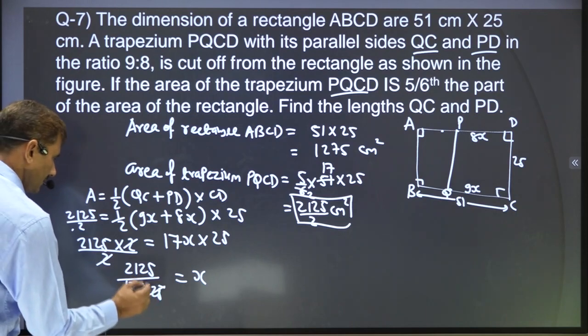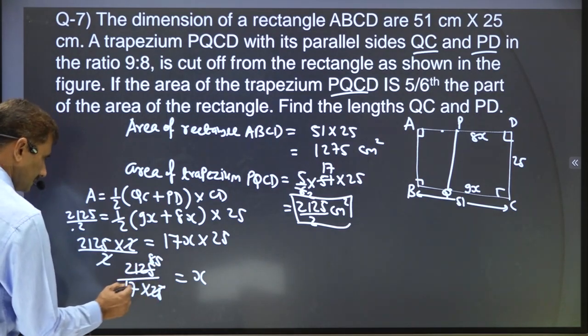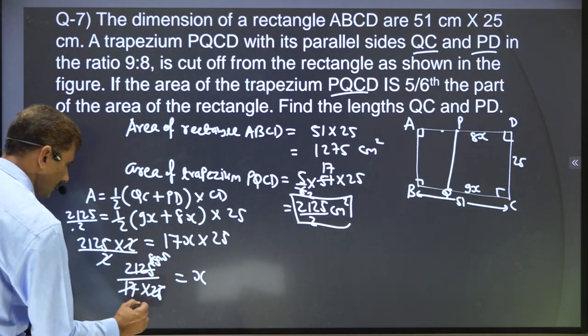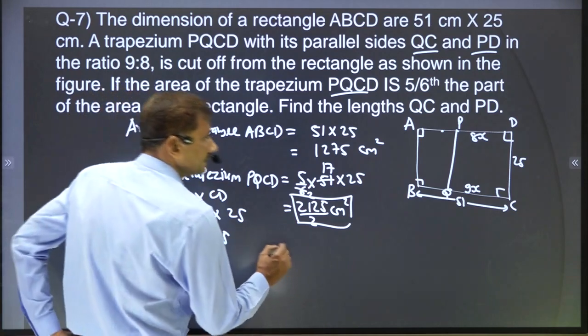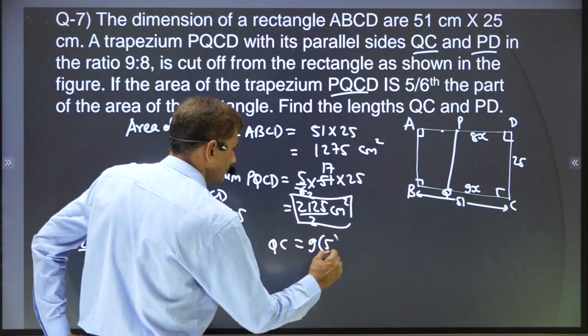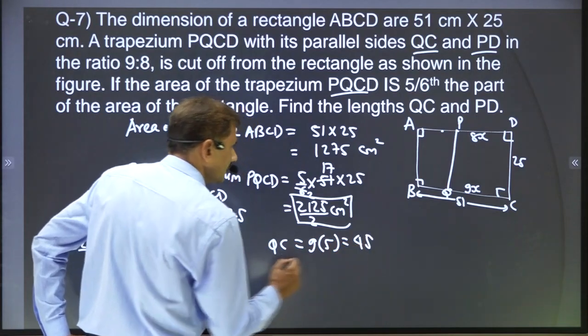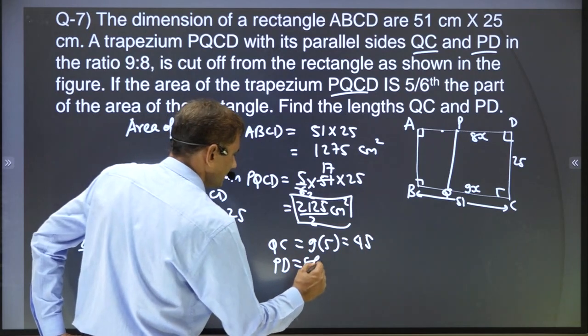Okay, now 25 into 85, and 17 into 5. So x equal to 5. So you can say QC equal to 9 5s are 45 and PD equal to 8 5s are 40.